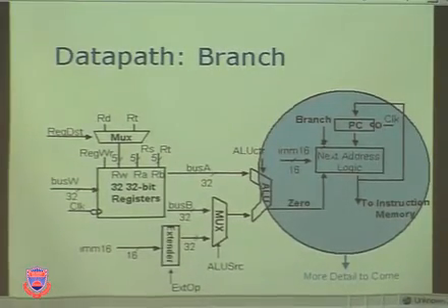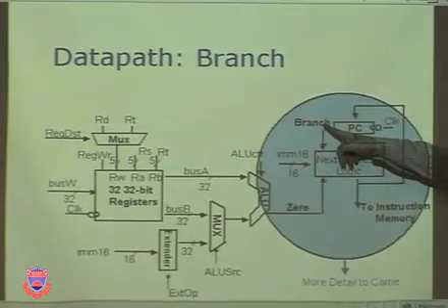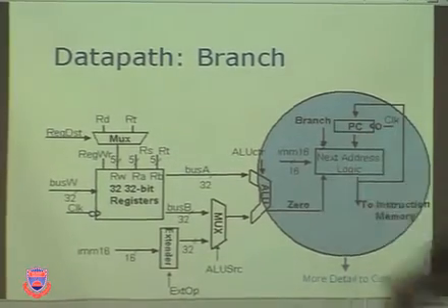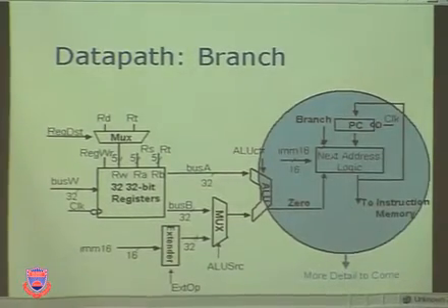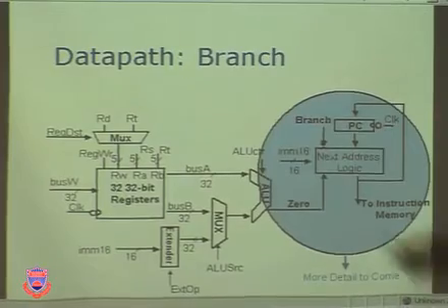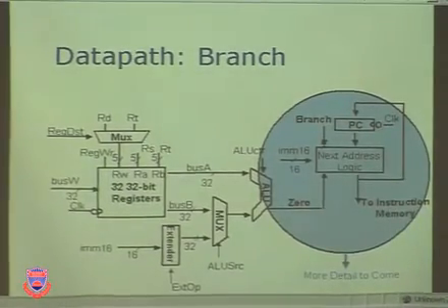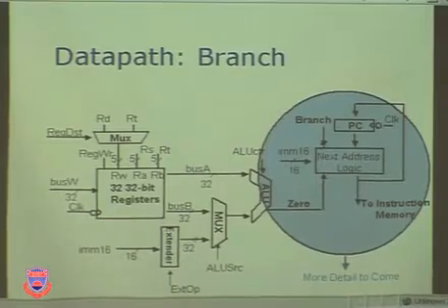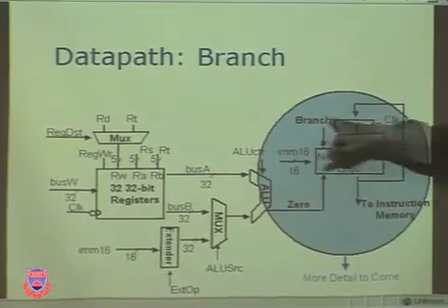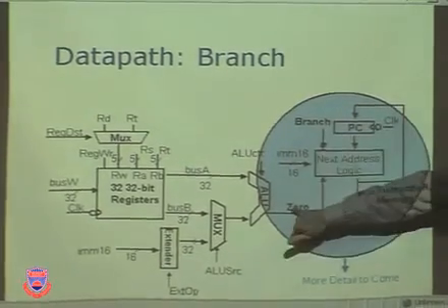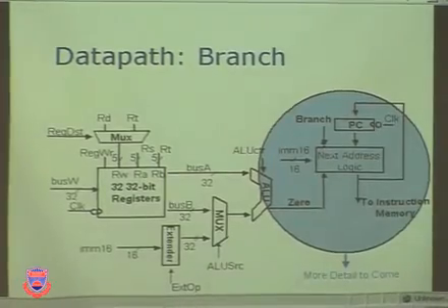Now, if this is BEQ, and this is 1, do I take the branch? Yeah. It means their difference was 0, therefore they're equivalent, therefore they're equal, therefore take the branch. If this is BNE and this is 0, do I take the branch?